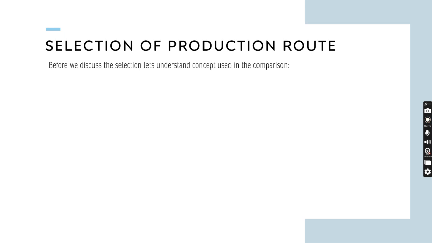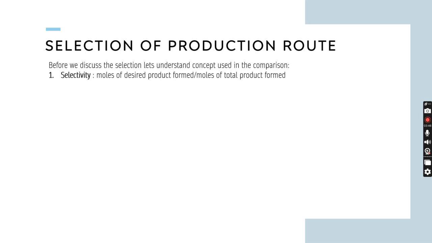Before we discuss the selection, let's understand a few concepts that are required when we are discussing route selection. The first concept is selectivity. As it suggests, it is about preferences in the product. The formula of selectivity is moles of desired product formed divided by the moles of total product formed.